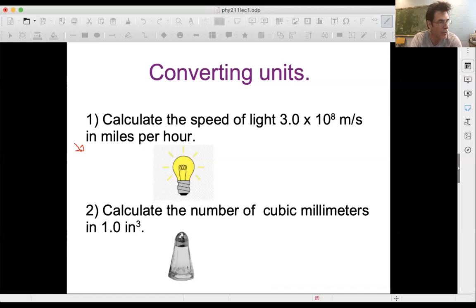We're going to convert it into miles per hour. Miles per hour is important in our everyday life. We drive a car and we want to know the miles per hour because we don't want to exceed the speed limit.